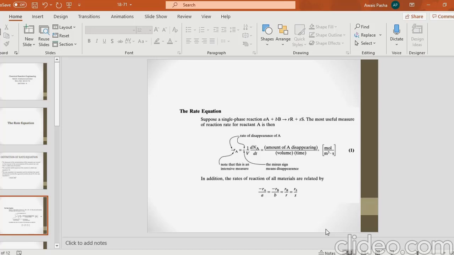Its unit is mole per meter cube per second, where the active mass means mole per meter cube.